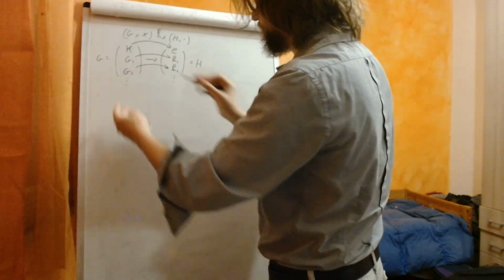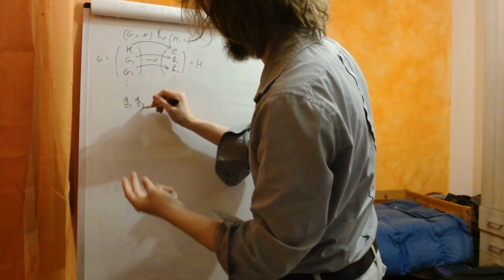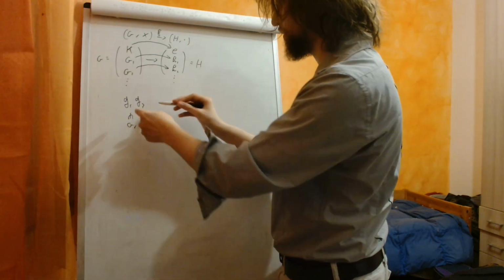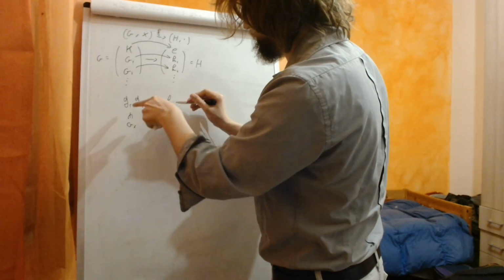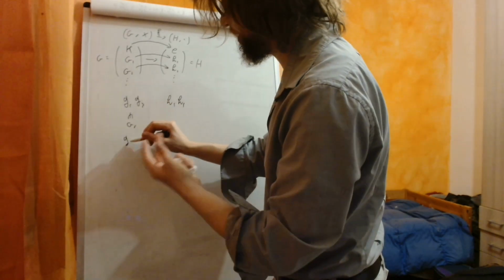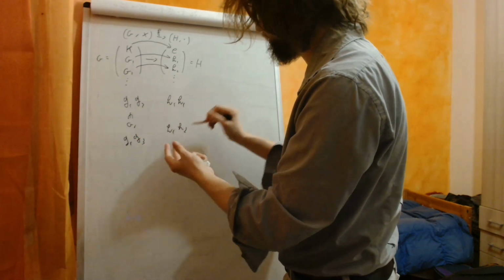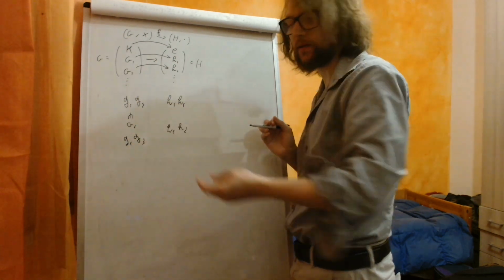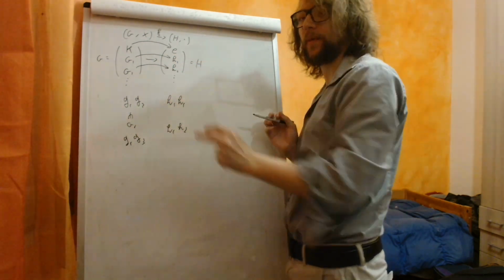For example, if you do operations in G1, so G1 times G2, which both belong to G1. If you do it here, you are distinguishing between G1 and G2, but here you are not distinguishing between G1 and G2 because they both are H1. So if also G3 belongs to G1, here you can't distinguish whether you are doing operations G1 times G2 and G1 times G3 and so on. So when going here, some information is lost.